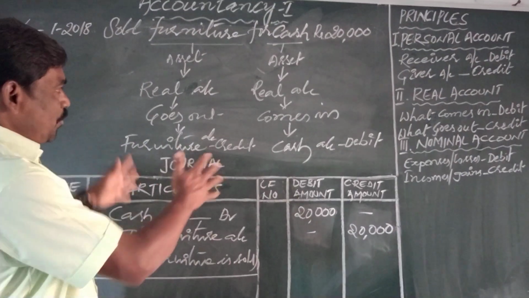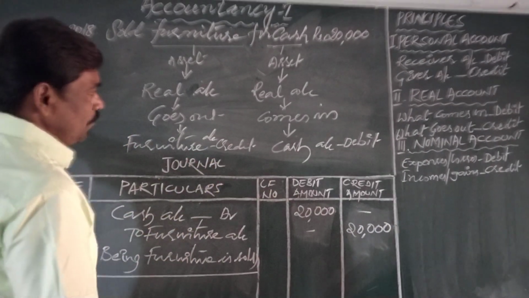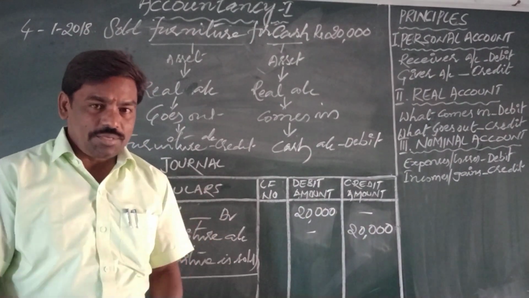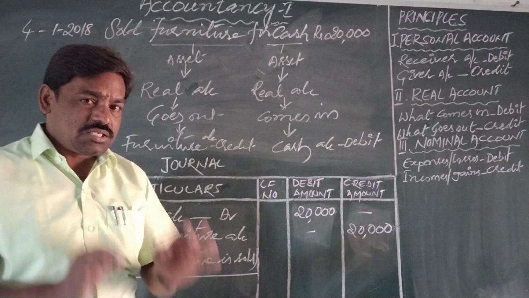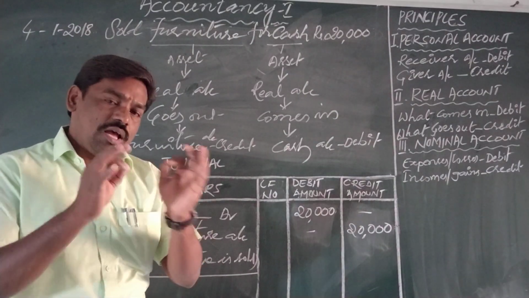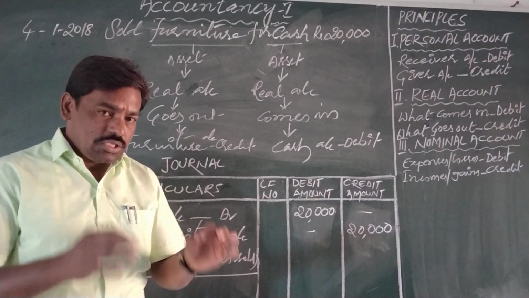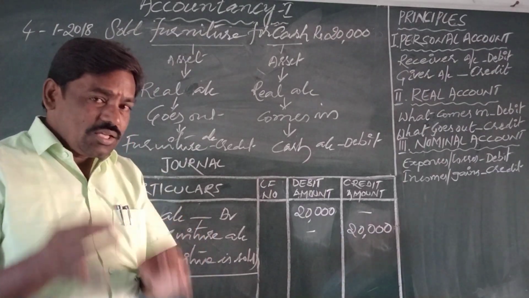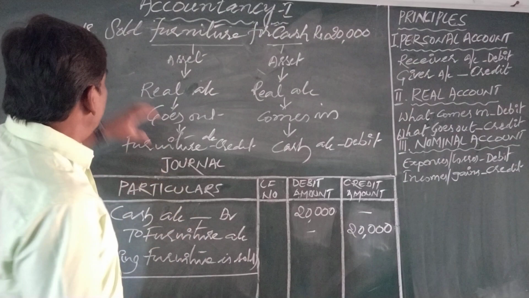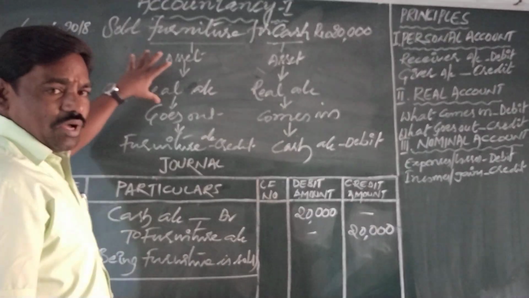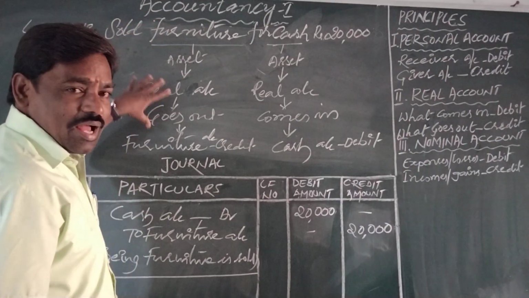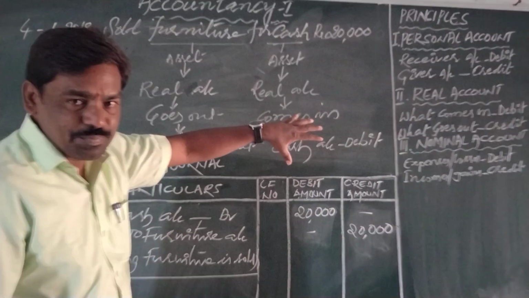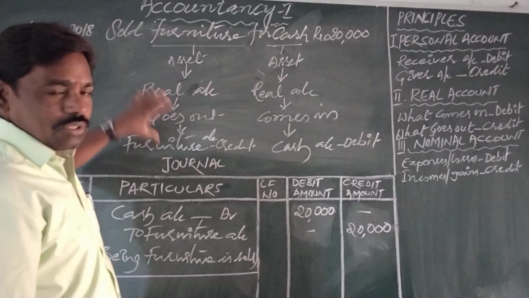Students, here the procedure is that first we must know about the dual aspect concept, and second we must know the types of accounts and their principles. Their principles are also called golden principles of accounting. Using these accounting principles, we analyze the business transaction, find the two aspects, and apply the principle of the related account.